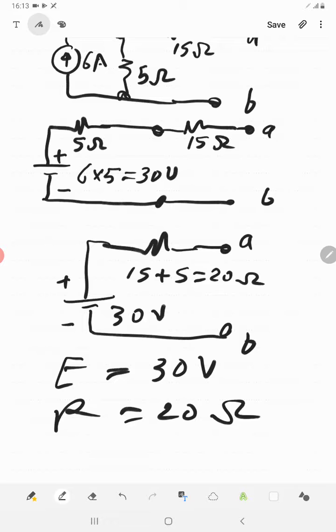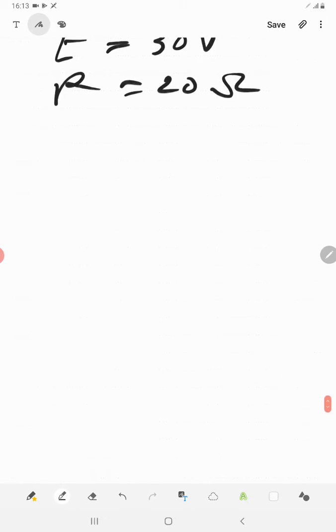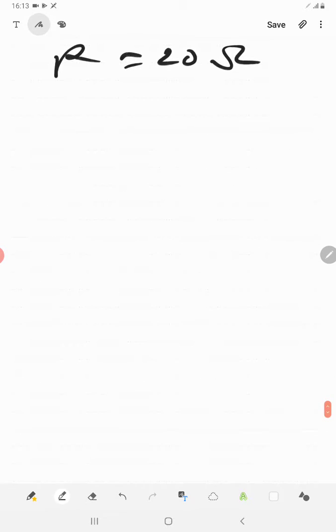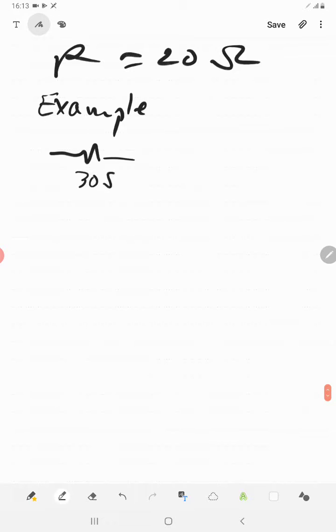Let's take another example. Let's have a series resistance here of 30 ohms, okay, with a voltage source here, plus 120 volts, okay.